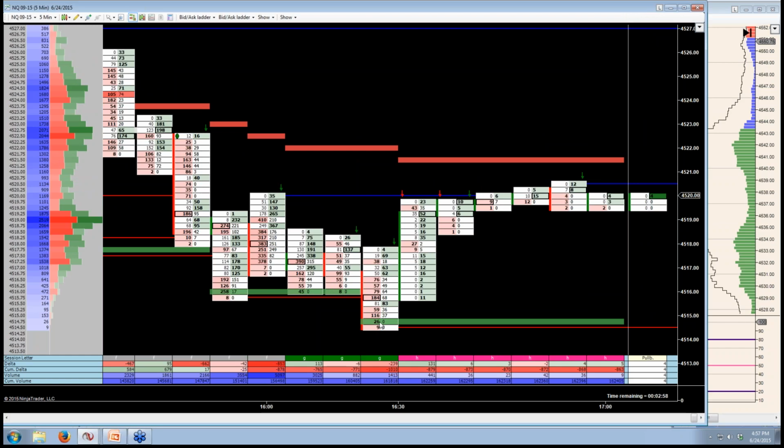So that's going to give you a heads up that, hey, it doesn't look like there's a whole lot of interest down here at this 1475 area. This is the NQ, by the way. You can use it on anything. So you might want to tighten your stop if you see that, or take some profits off the table.